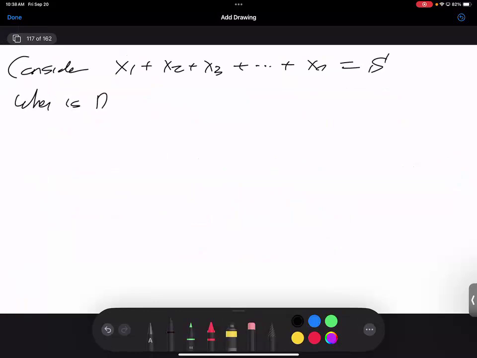When is this maximized for xi greater than or equal to 0? Without loss of generality, we can say s equals 1. What do you think must be the case for this to take on its largest value? We just did the case when we had two things. With two things, when is it largest?